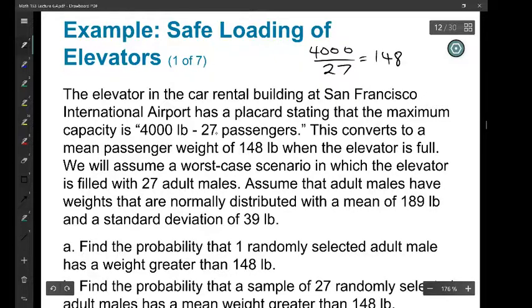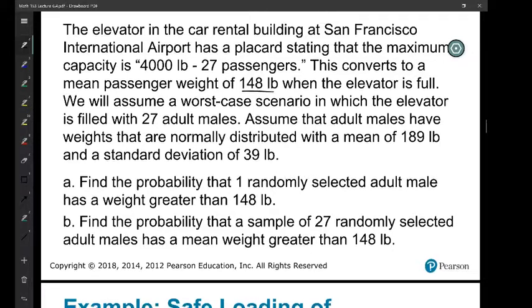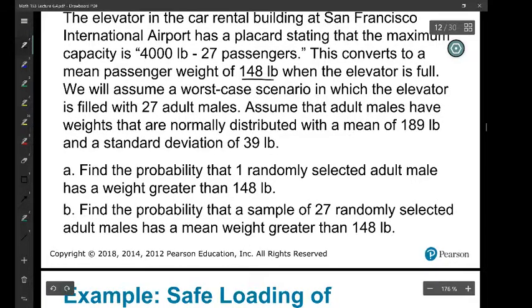So that's the mean passenger weight, according to the sign. So assuming a worst case scenario in which the elevator is filled with 27 adult males.